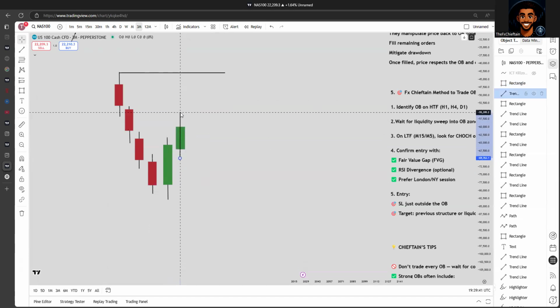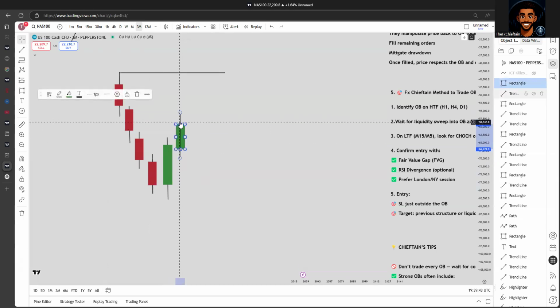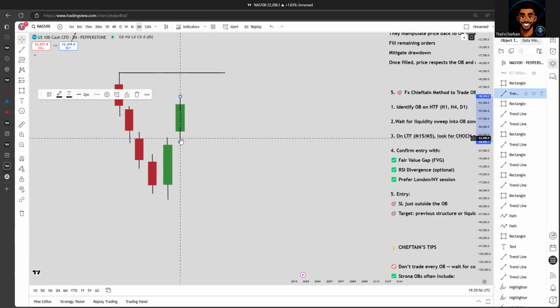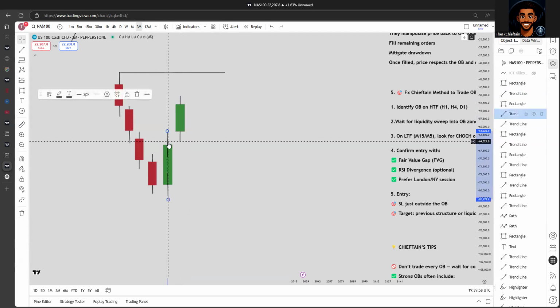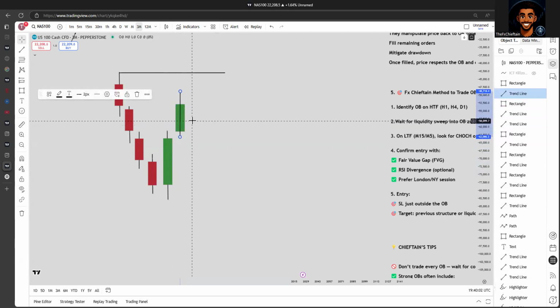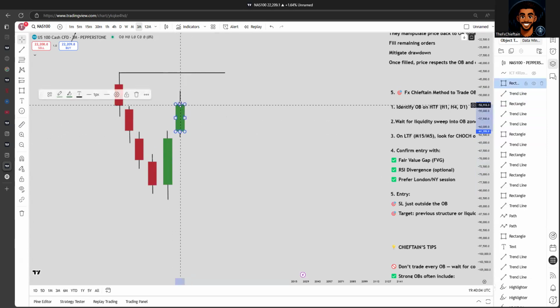Then we'll move into the actual chart to talk more about this order block. So you want to see this one in this place where candle 1 and candle 3 do not touch. So for structure's sake, I'm just gonna take this guy a little bit higher and make this one like this.